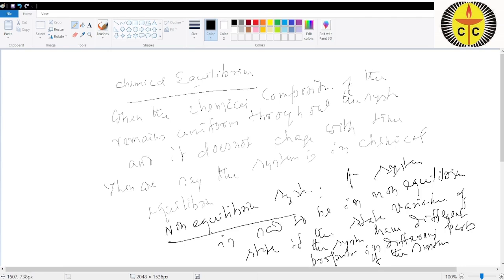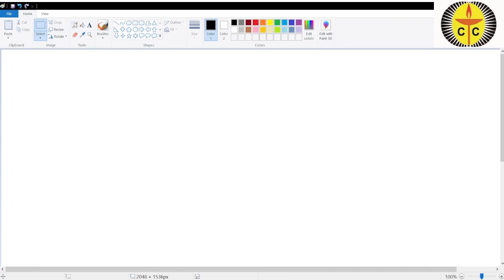Next we'll go through the thermodynamic process. What is a thermodynamic process? You consider a system at a particular condition of state variables, then this is called the state of the system.